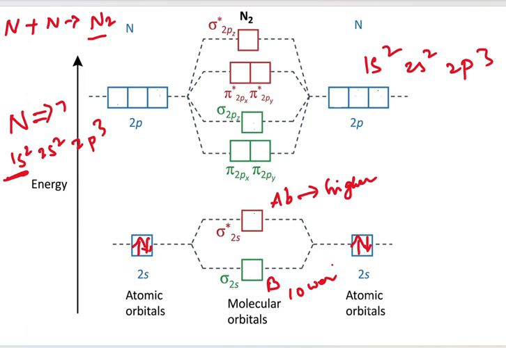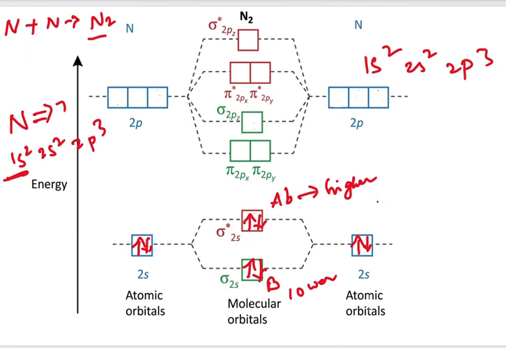When this nitrogen atom combines with the other nitrogen atom, the electrons are redistributed in their respective bonding and anti-bonding orbitals. Since the bonding molecular orbitals have lower energy, electrons occupy the ground state and pair up in the bonding molecular orbitals. The rest of the electrons will move to the anti-bonding molecular orbitals.